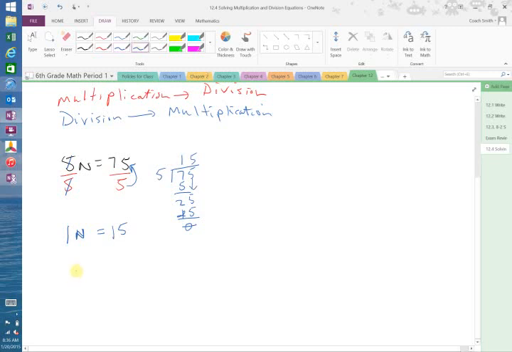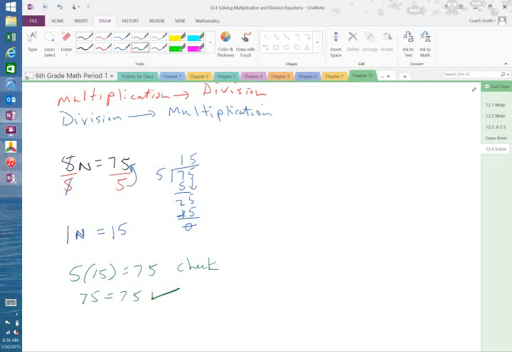I'd plug in my answer, 5 times 15 equals 75. Now this is how we check it. Okay, well 5 times 15 is 75. 75 equals 75. So that is a check mark. That does check. That is the solution to this equation.